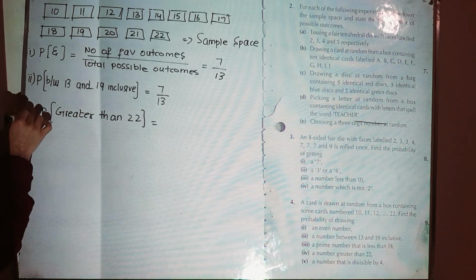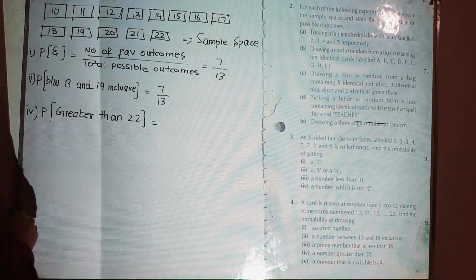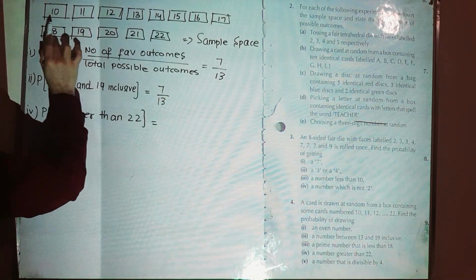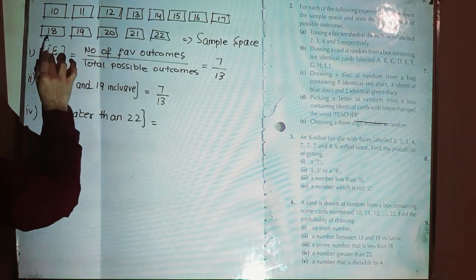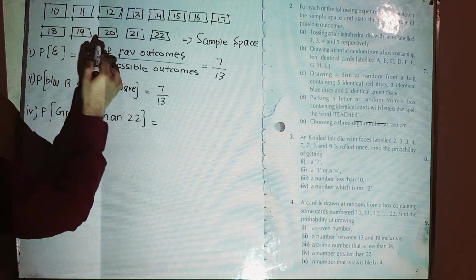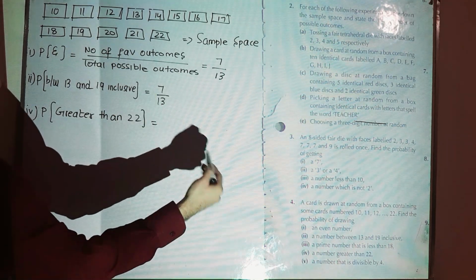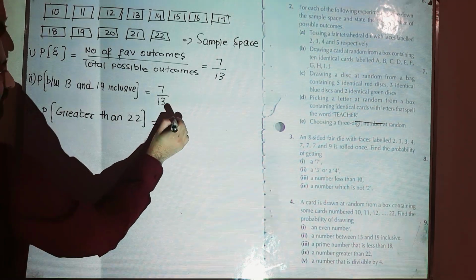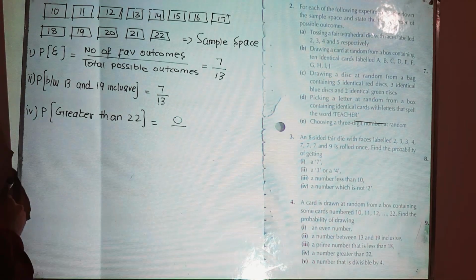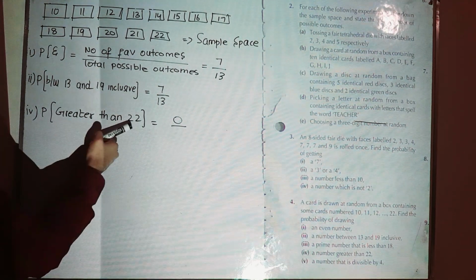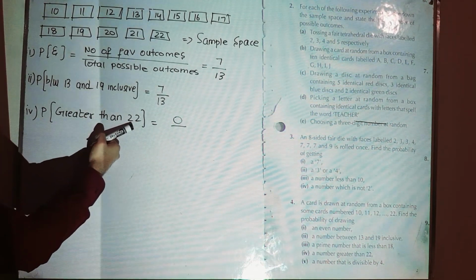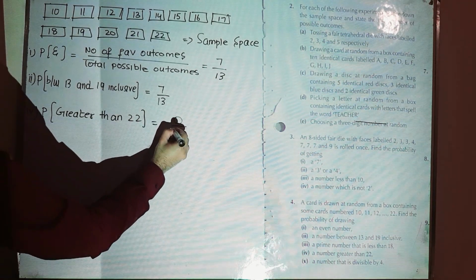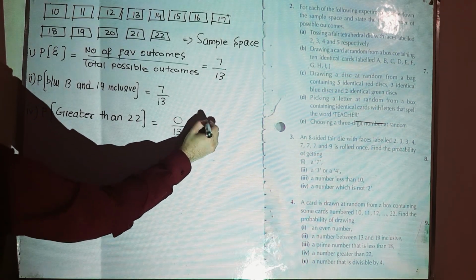Okay, first of all, let me do part number 4. A number greater than 22. Now, in your sample space, do we have a number greater than 22? Greater than 22 means 23, 24, 25. No, we don't have such a number. So, our favorable outcome, the outcome which we are looking for, a number greater than 22, that is 0 out of 13. So, the answer will be 0.